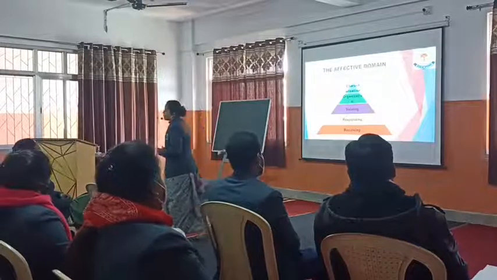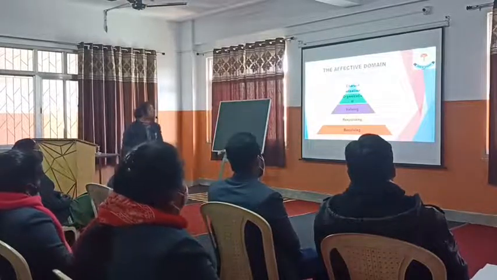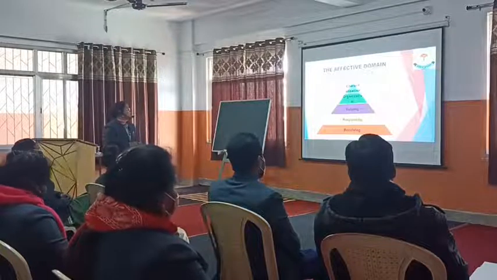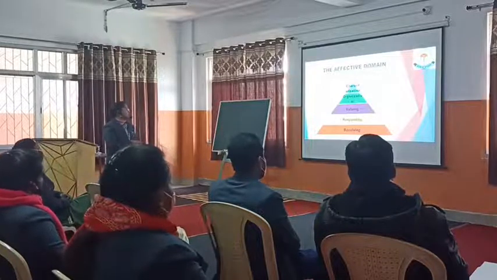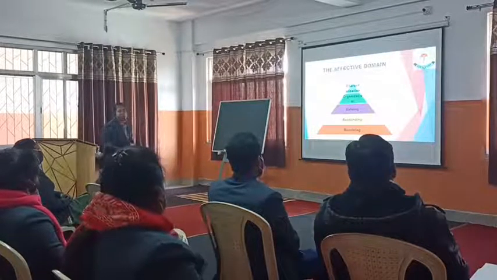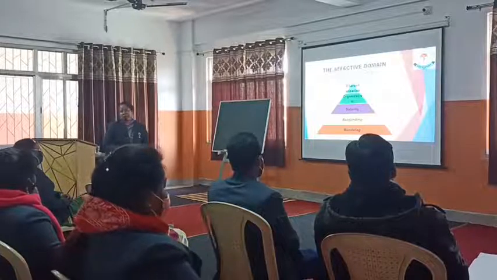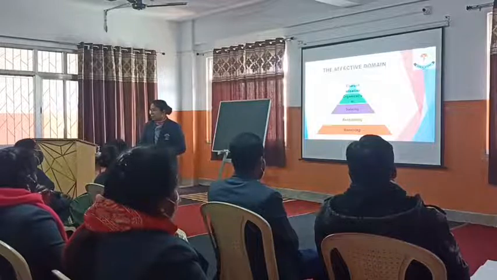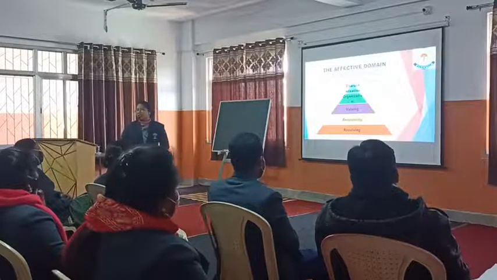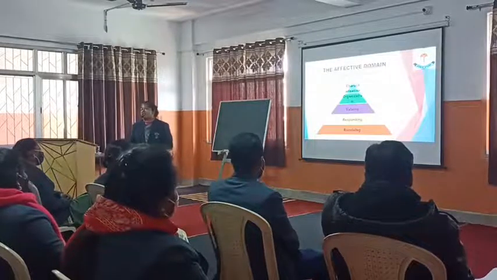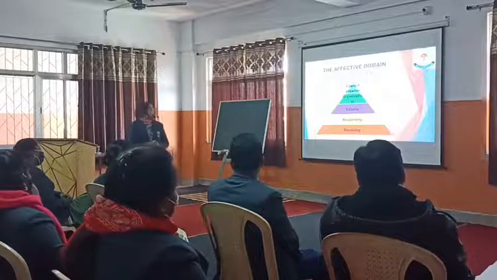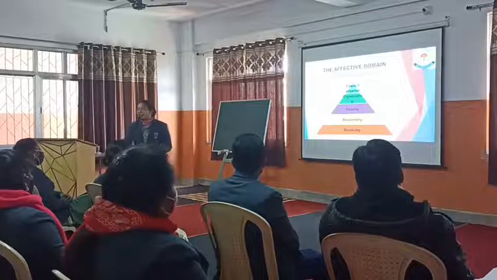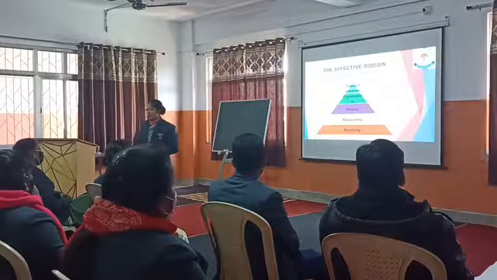So this domain is given by both Bloom and Krathwohl. And this domain is also in pyramid form and arranged in a hierarchical order. That means in the lower level, the complexity of the learning is low, and in the higher level, the complexity of the learning is high.